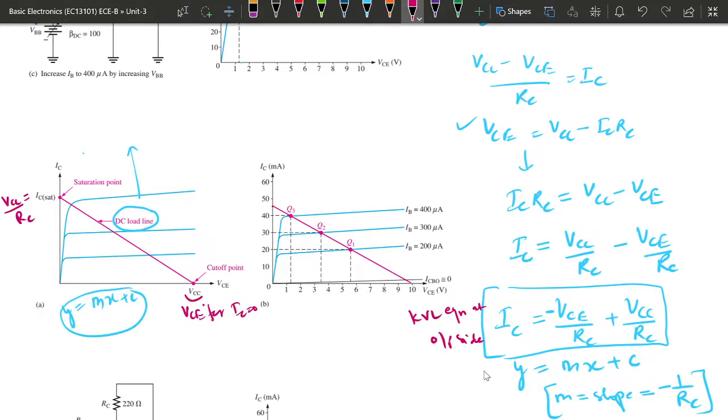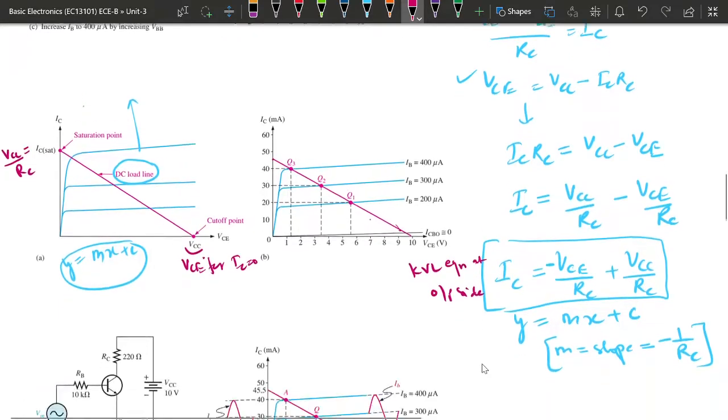Okay, so to make a transistor work as an amplifier, we should select the operating point on the DC load line only, and on that DC load line such that all the operating points are within the active region, or the linear region.